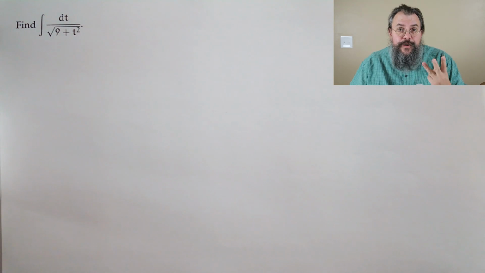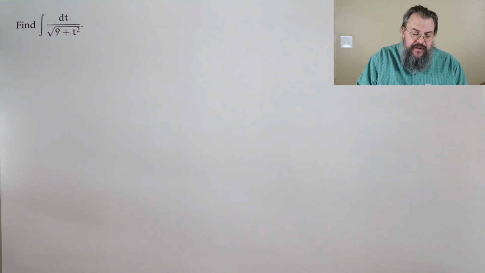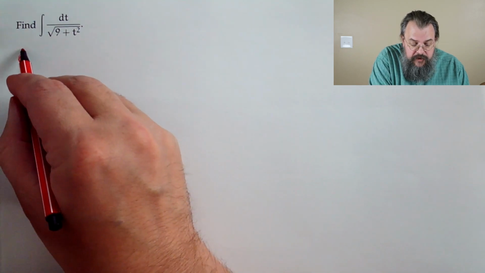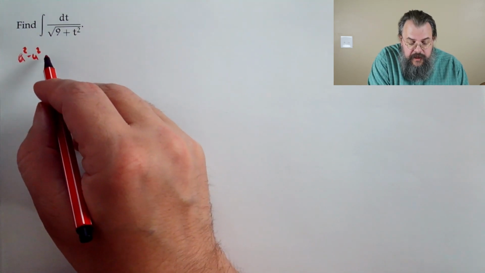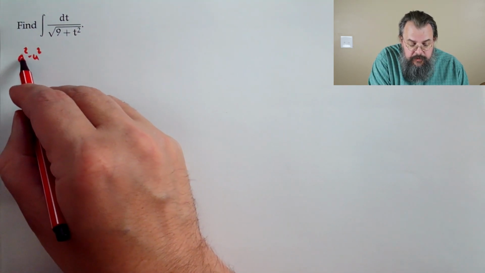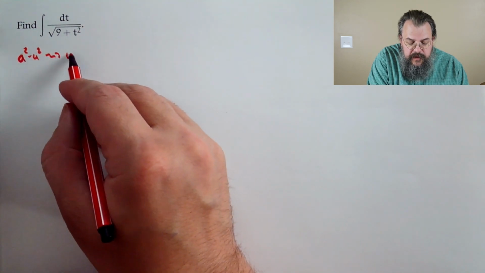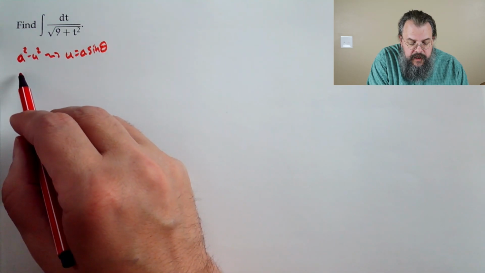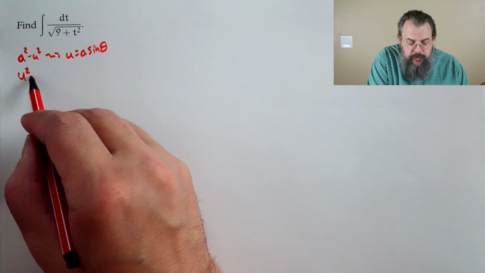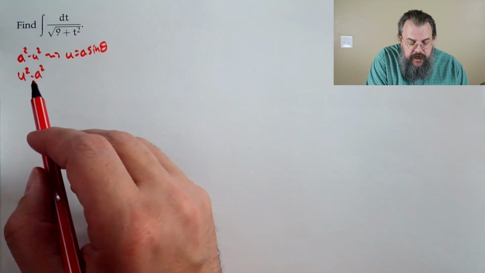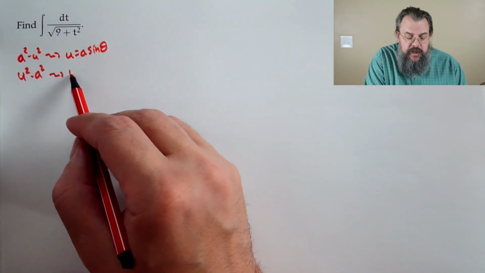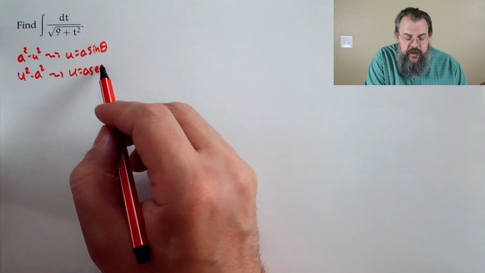Because there's three possibilities. If we see a squared minus u squared, that tends to be something where we think of a sine theta. When we see something squared, variable squared minus number squared, so I think of u as a varying part, well, that tends to be our secant theta.